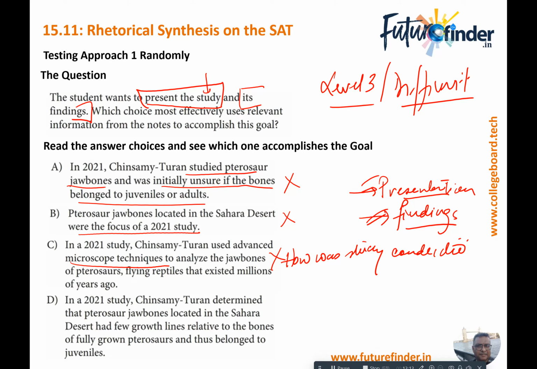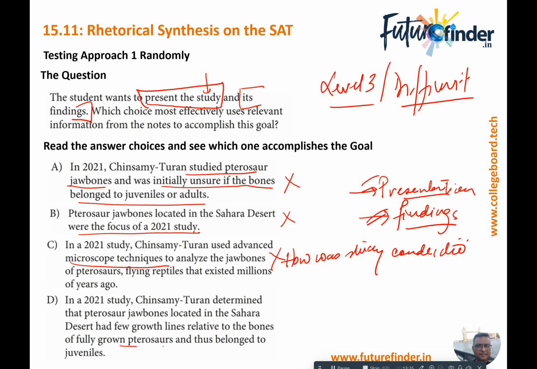In 2021 study, Chinnaswamy and Turan determined that the pterosaur jawbones located in Sahara Desert had few growth lines related to the bones of fully grown pterosaurs and thus belonged to juveniles. Wow. So it has some sort of a finding, and it does introduce the study as well, right?